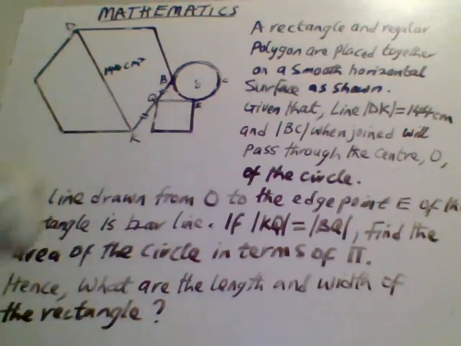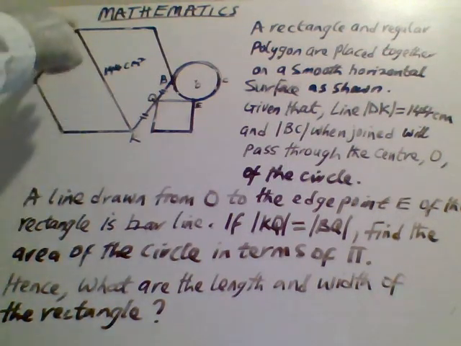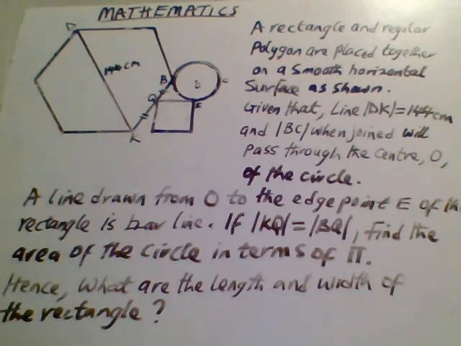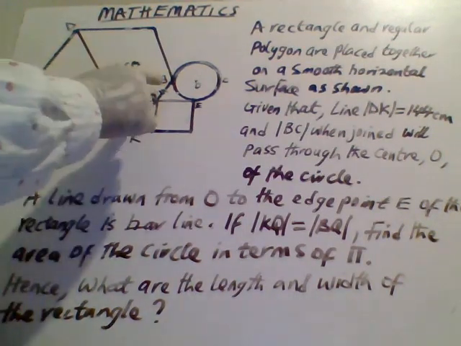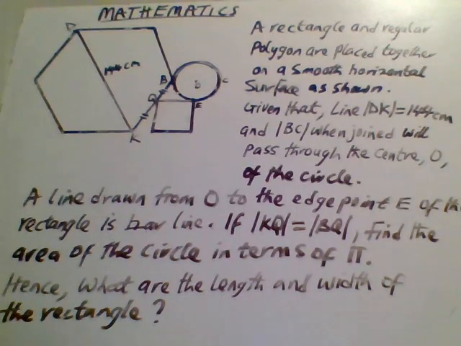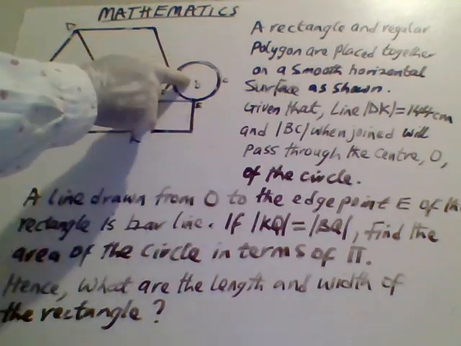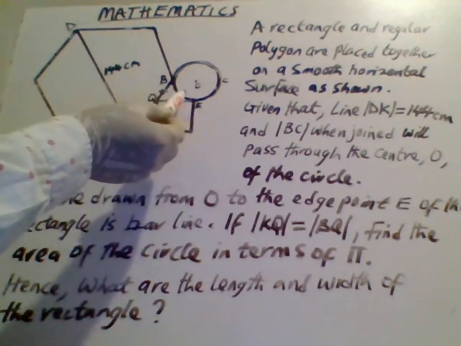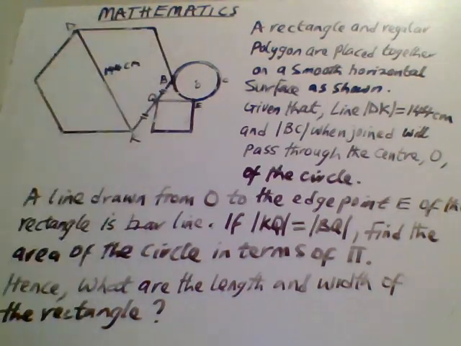Given that line DK is 144 cm, and BC, when joined, will pass through the center of the circle O. A line drawn from O to E, where E is the point where the circle touches the edge of the rectangle, is perpendicular.